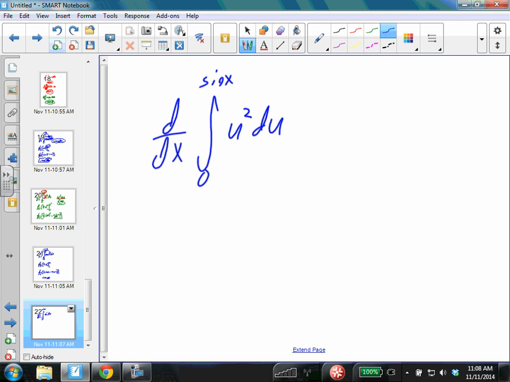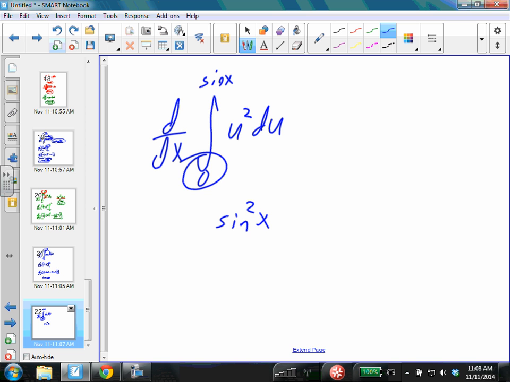All right, check out this lower bound. What is it? More importantly, a constant. So what's going to happen to it? It's going to go away, right? But this sine x, what should we do with it? Plug it in. So this will be sine squared x, right? So u squared, but u is sine now. We plug sine in for u, so it's sine squared. But then what do we need to do? And what's the derivative of sine x?